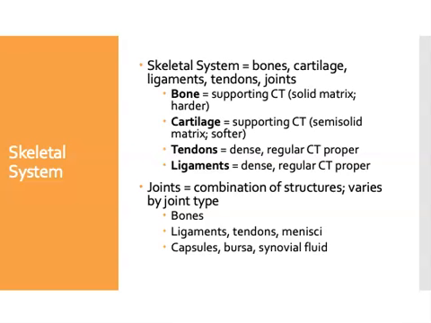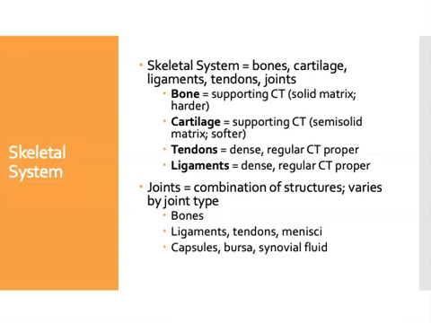We said that bone and cartilage are both types of supporting connective tissue, with bone being the type with a solid matrix and cartilage having a semi-solid matrix. We said that tendons and ligaments, in comparison, are made out of dense, regular connective tissue proper.